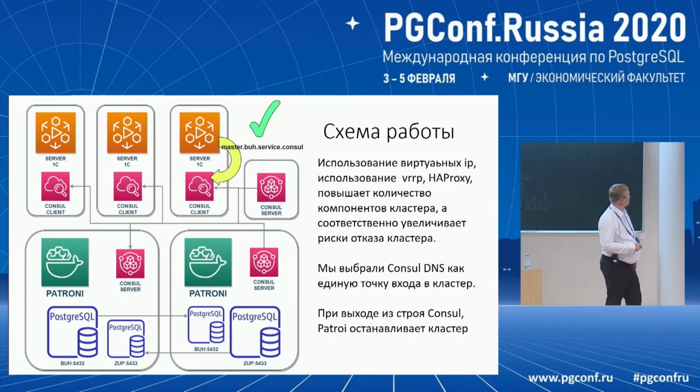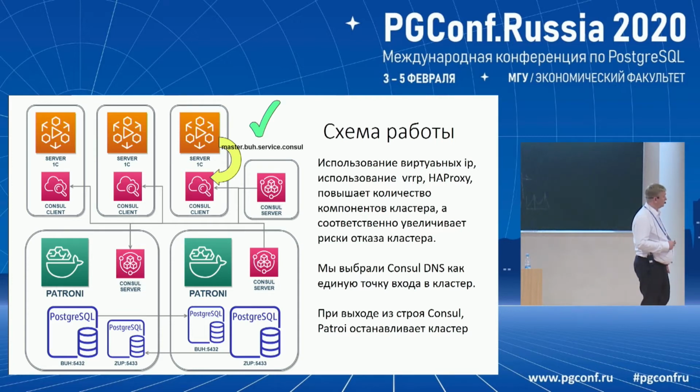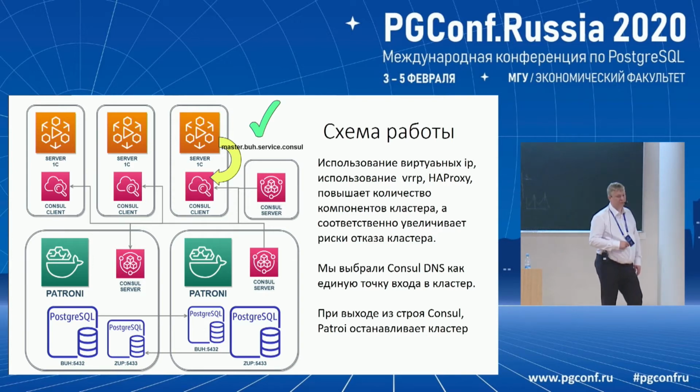So we switch to this instance. So the accounting database switches to this instance, and Consul DNS resolves a different name and different IP address. And by doing this, we achieve stability of the system.